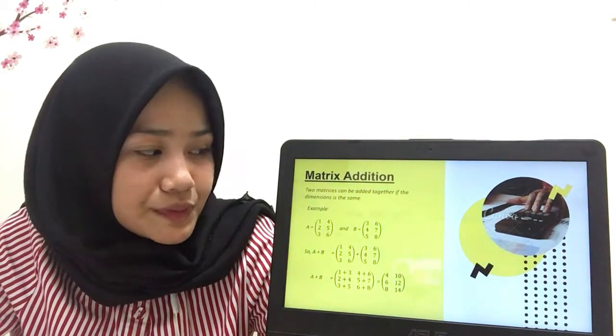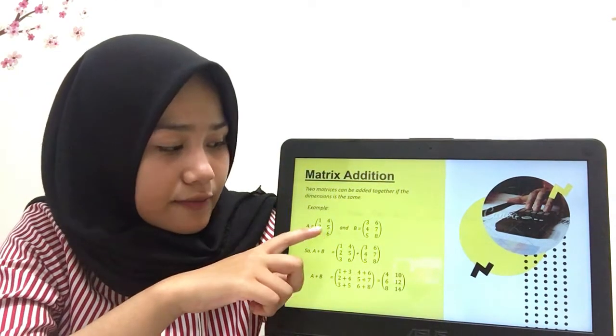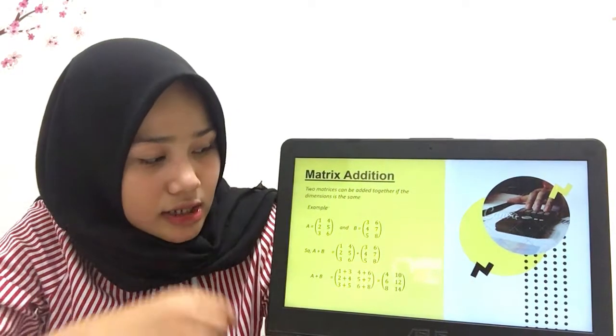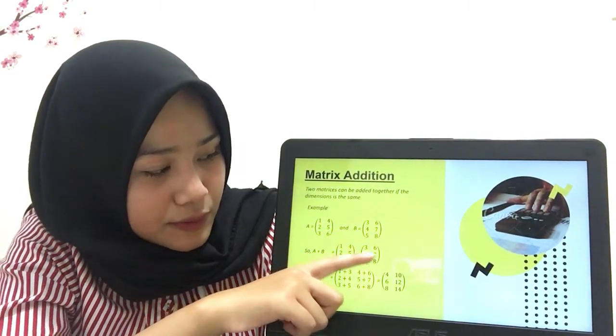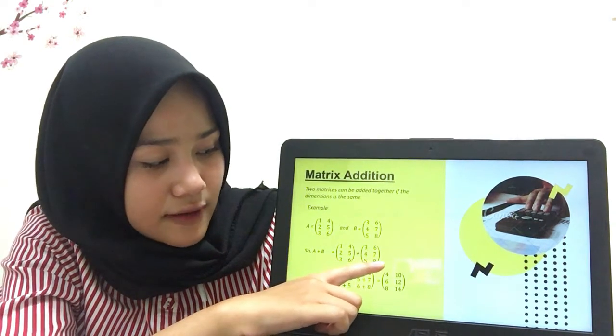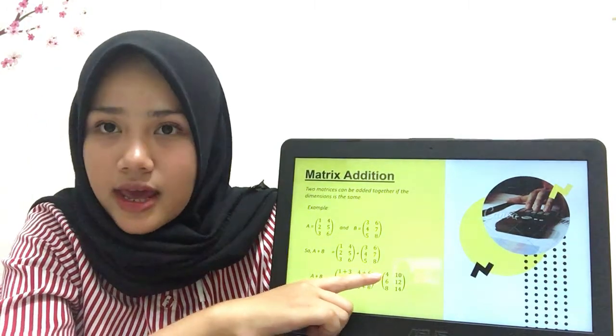So we can add each element of matrix A and B in the same position. That is 1 plus 3, 4 plus 6, 2 plus 4, 5 plus 7, 3 plus 5, 6 plus 8.